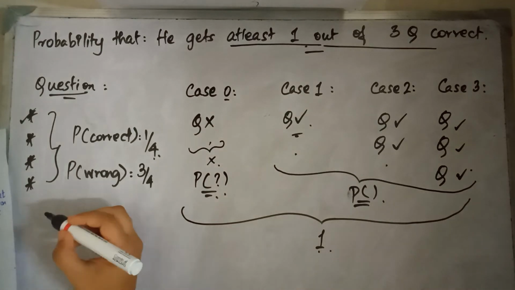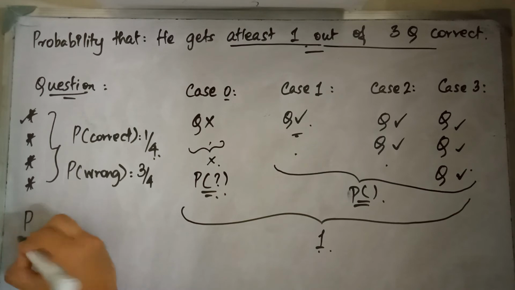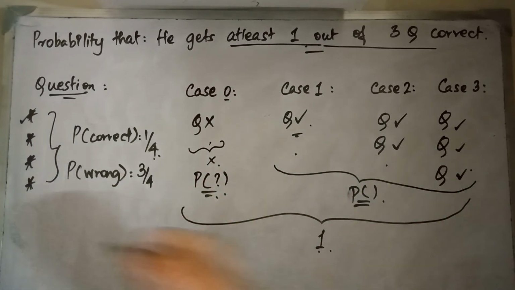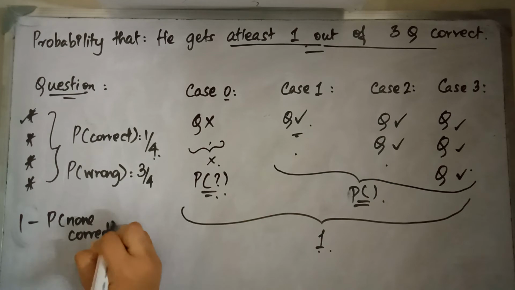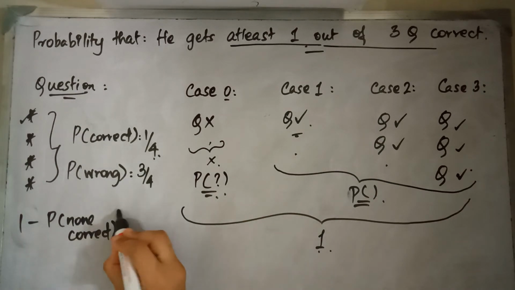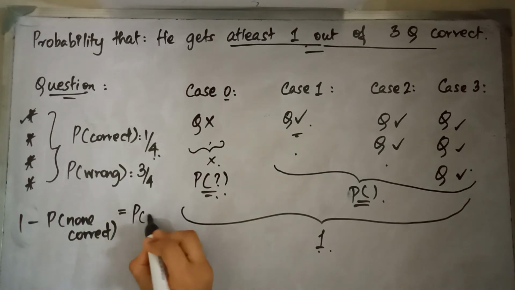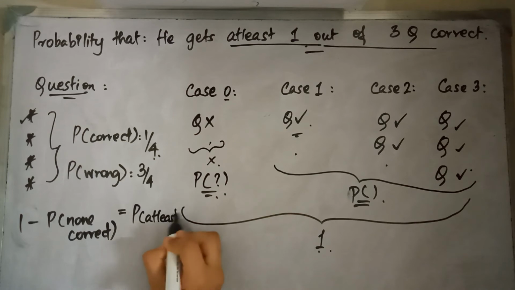So what we have to find out now is the probability of getting none of the questions correct. And then we'll subtract it from 1 and we'll get the probability of getting at least 1.